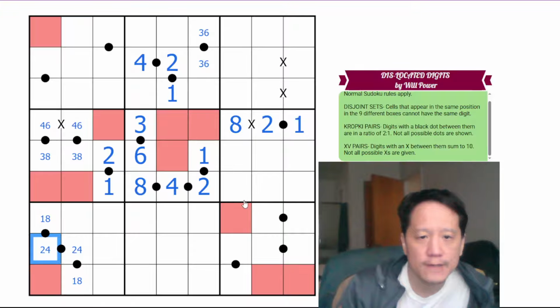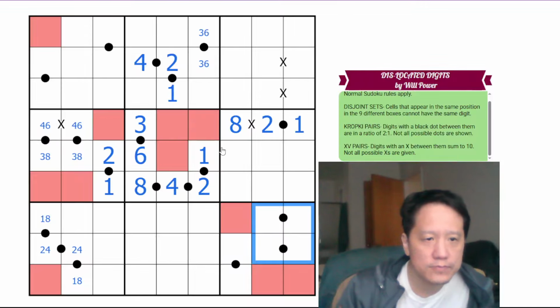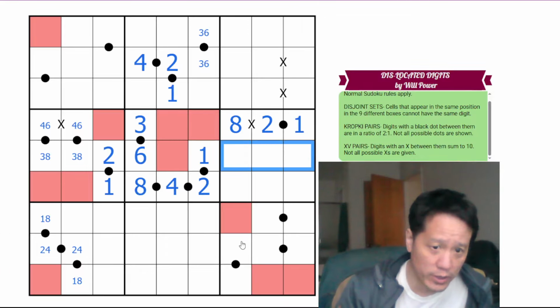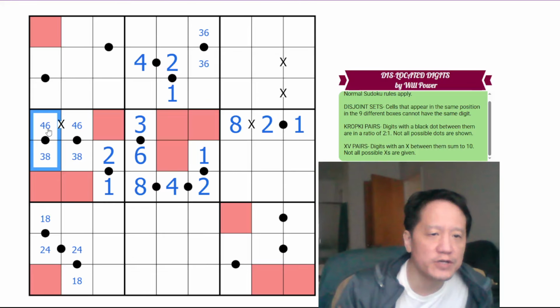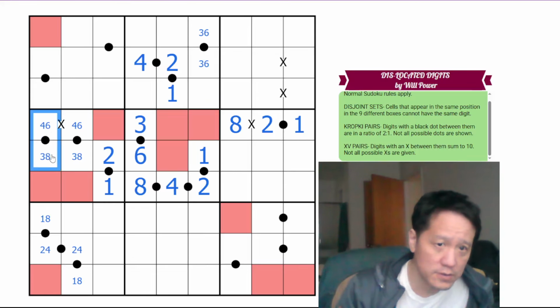Okay. What else do we have? These are 5, 7, 9. We are guaranteed a 4 somewhere here. We're not sure where. So this has to be 1, 2, or 4, 8. This is 4, 8, or 3, 6.